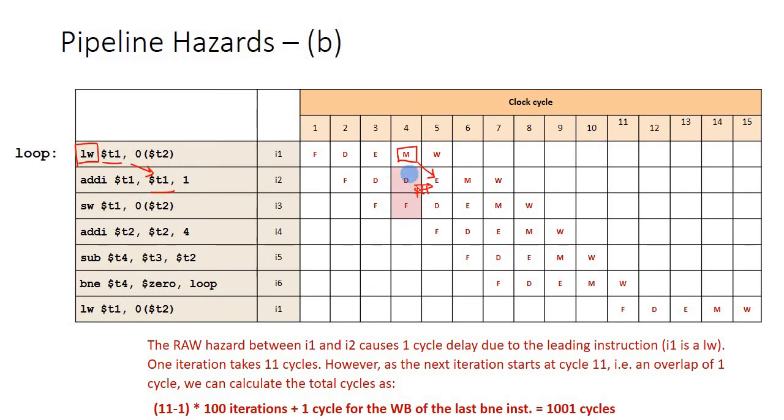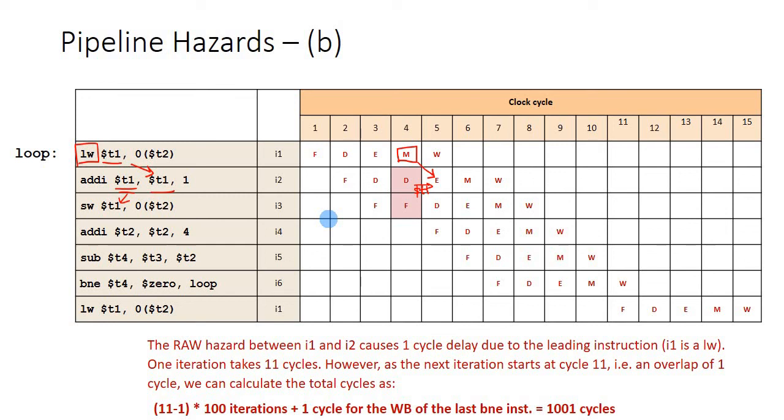And because my second instruction is stalled in the decode stage in cycle 4, my third instruction also has to have a stall in the fetch cycle until the second instruction goes past. So if I look at the third instruction, again, there is a dependency over here. T1 is updated in instruction 2 and T1 is needed in instruction 3.